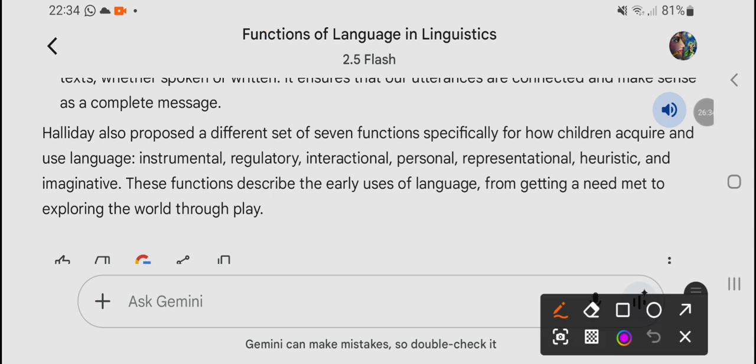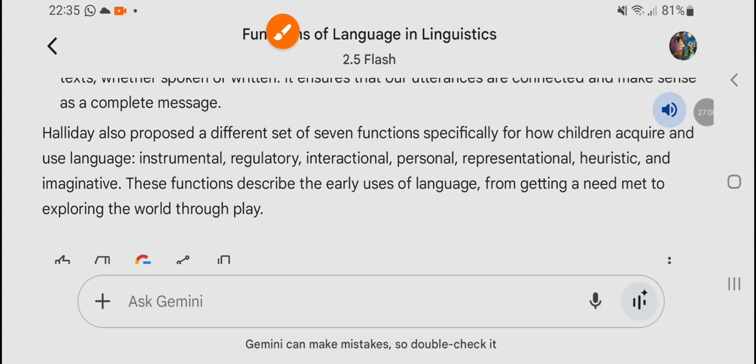He uses language as instrumental, then regulatory, so that he uses it on a regular basis, then interactional, so he talks and he learns, then personal, and sometimes he uses it for his own presentation, then representational, and then heuristic and imaginative.